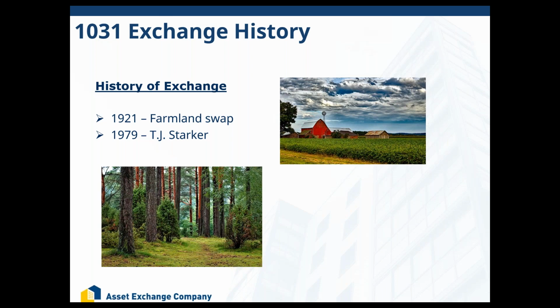In exchange for the land, they gave him what was referred to as exchange credits. Over the course of the next few years, he went out and bought various properties with those exchange credits. And that's really how our modern day exchanges started back in 1979 with T.J. Starker.